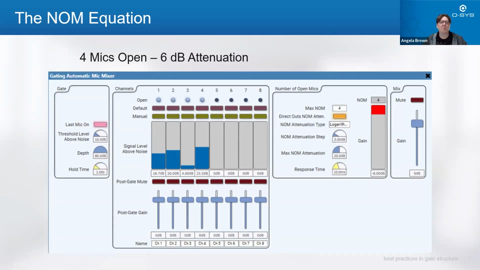So as you see more and more mics open, just from experience, as you start using gating mixers, start low and add as you need to. Start with 2, go up and down from there. That max NOM is going to save your butt at some point, but make sure that you go in and set it properly.